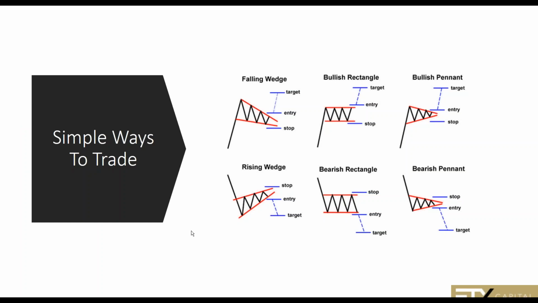So again, these are the predominant formations, and you have the same simple calculation. It is really based on the magnitude of the difference between the height of the resistance and the support line to calculate your target point. And when you have your breakout, you would enter when it broke out, whether breaking out or breaking down from that pattern.